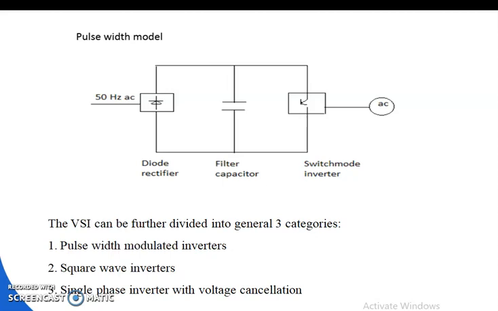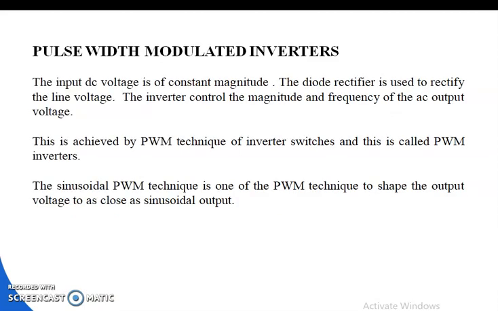The voltage source inverter can be further divided into three general categories. Number 1, pulse width modulated inverter. Number 2, square wave inverter. Number 3, single phase inverter with voltage cancellation. In pulse width modulated inverters, the input DC voltage is of constant magnitude.